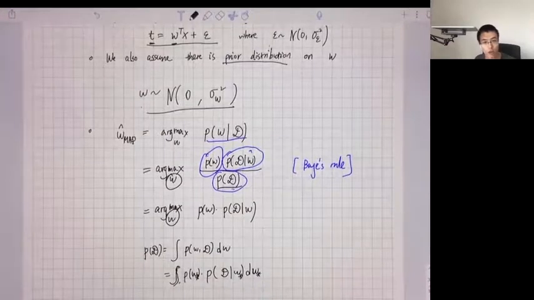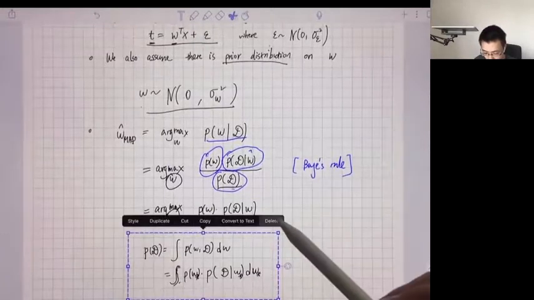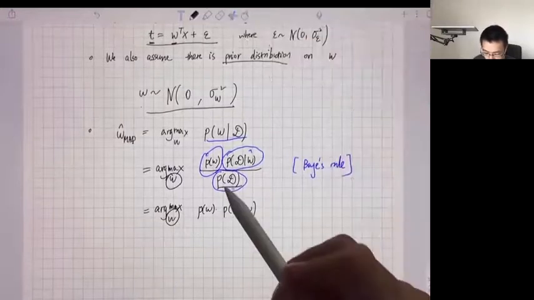The W here is the variable that you would like to optimize, okay? So P of D is not a function of the optimization variable, then it has no effect in the argmax, right? In the maximization or minimization, if you multiply by a positive constant, it has no effect, and P of D is definitely positive, so no effect. I just eliminate the denominator.